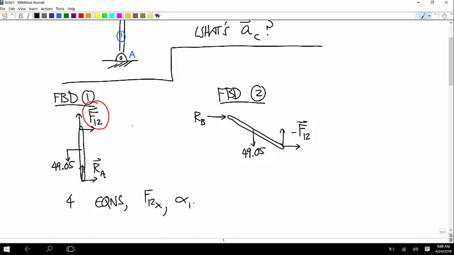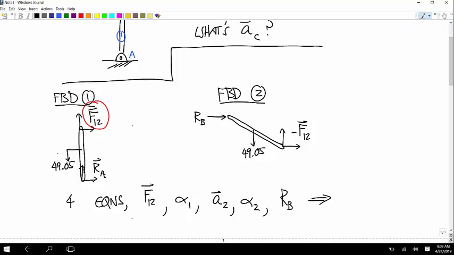alpha 1, the acceleration of the center of mass of 2, alpha 2, and so on.